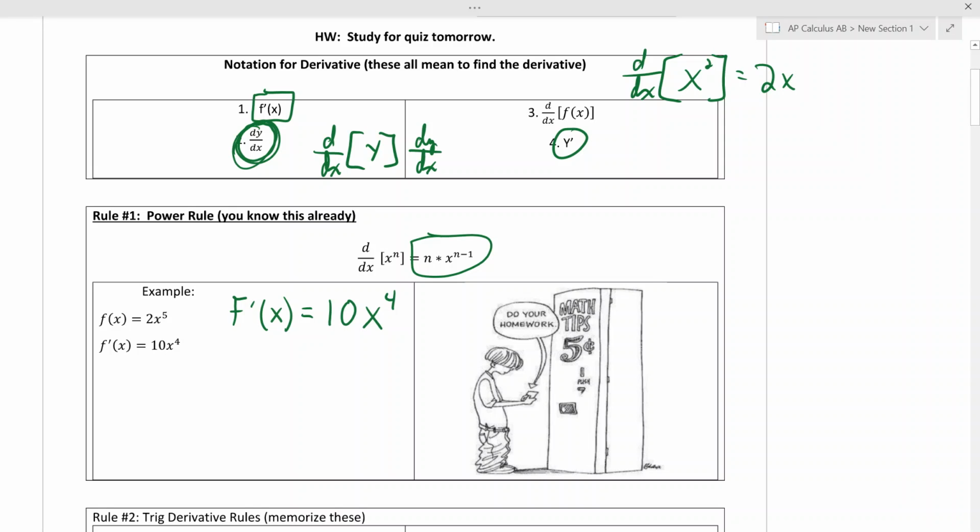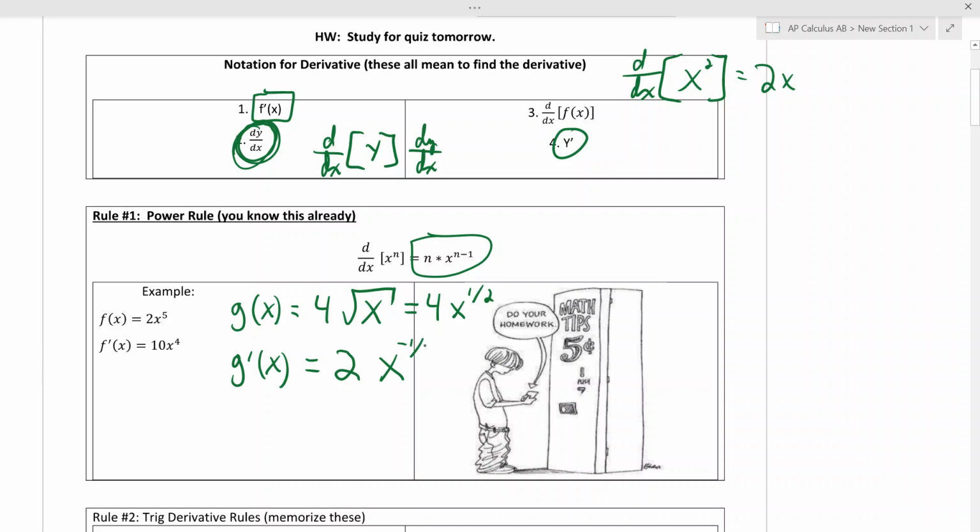Let's just do another example just to make sure everyone's clear. I'll do 2 examples. If we had g of x equals 4 square root of x, then g prime of x, you got to think of this right here. This isn't the derivative. I'm rewriting it. It's 4x to the 1/2. That's what that really is. So when you derive that, you would do 1/2 times 4. That's 2x to the negative 1/2, which is the same as 2 over root x.